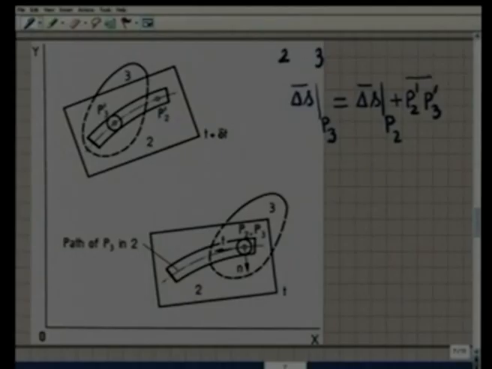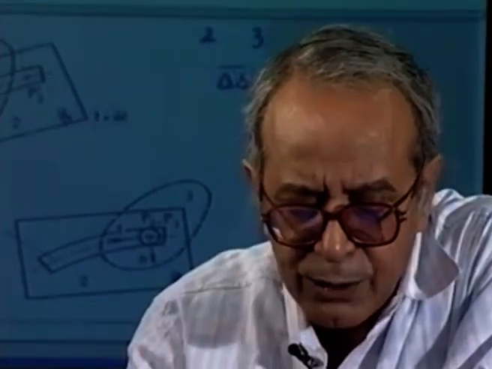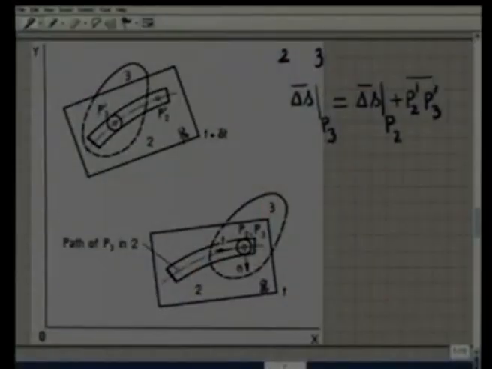Now, if we think of an observer who is sitting on body 2, and we ask this observer who is attached to body 2 what is the displacement of the point P3, his answer will be that the point P3 at time t was here and now it has moved to P3 prime.